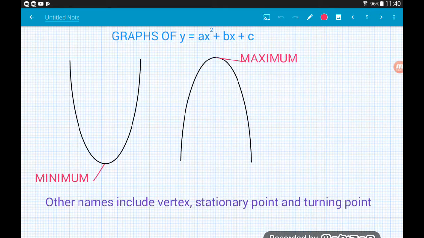If it's unhappy, then it's a maximum. But these bottom three names apply to that point, whether it's happy or unhappy. It's always a vertex, it's always a stationary point, it's always a turning point. It's only the maximum and minimum that change depending on the happiness of the curve.